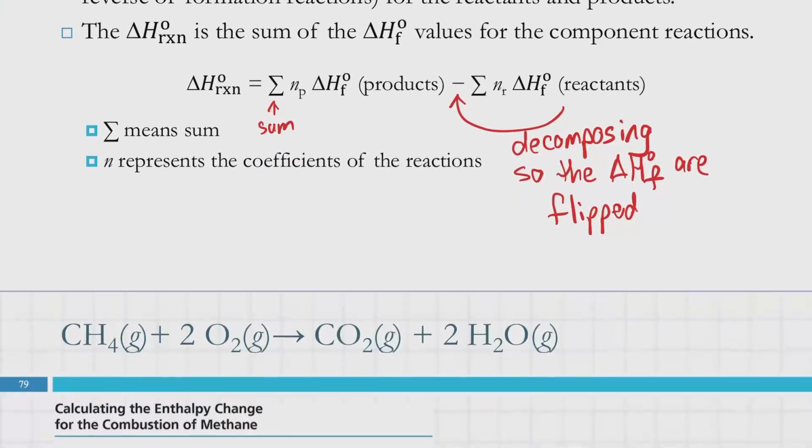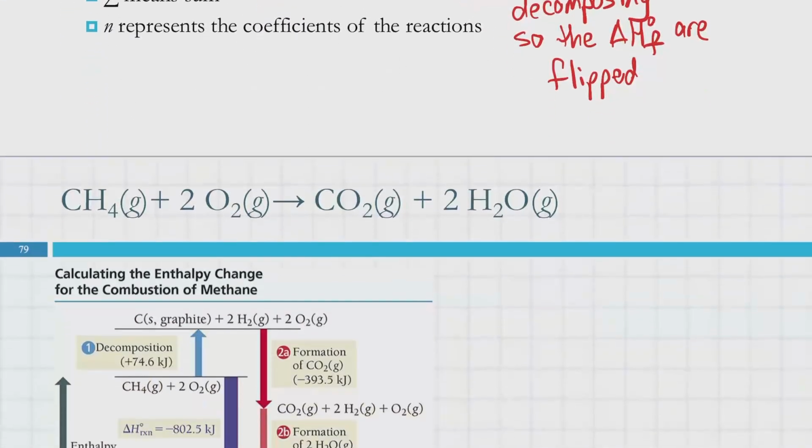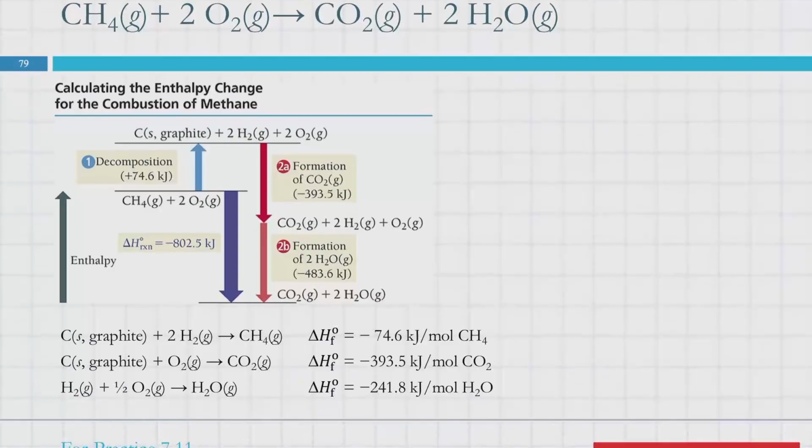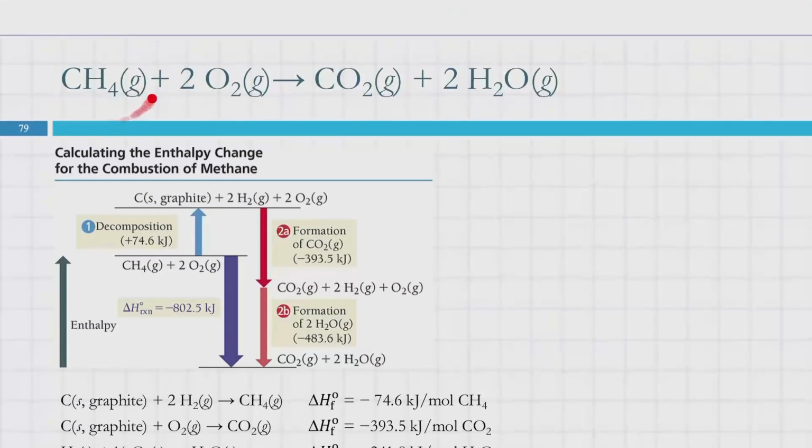Okay, example time with some visual of what the steps are like. So we've got an overall reaction. We've got methane reacting with O2 to form CO2 and H2O. So we want to add up the delta H's for our products, because that's what the delta H, this thing, standard enthalpy change of formation, describes: forming the products.